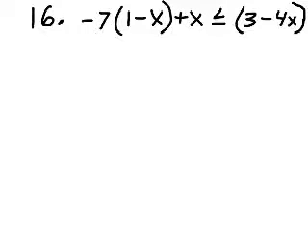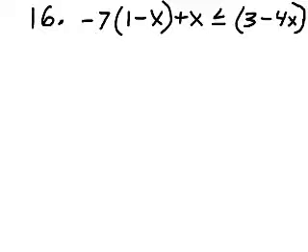This is a more complicated one, number 16, an inequality to solve and then write the solution set and then graph. But it doesn't mean you have to freak out. It's just got a little bit more to do. So we look at both sides and we simplify both sides. That's the first thing.